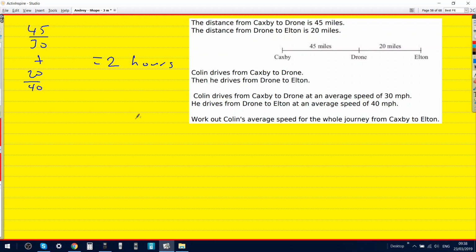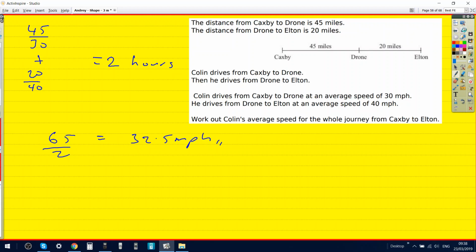You want average speed. What would you do? I do 65 divided by 2. Yes, that's it. 32.5 miles per hour. That's a pretty perfect example. Any questions there? No. Okay.